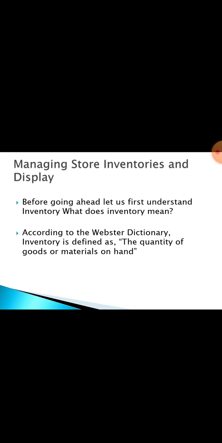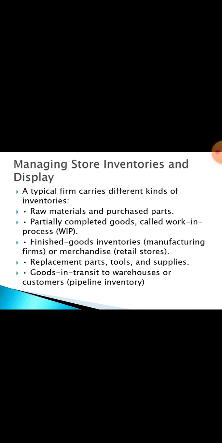Now we come to the topic, managing store inventories and display. First we need to understand what is inventory. According to Webster Dictionary, it is defined as the quantity of goods or materials on hand. Inventory can take different forms.